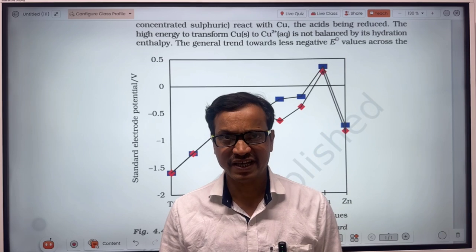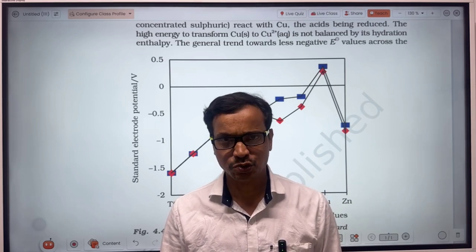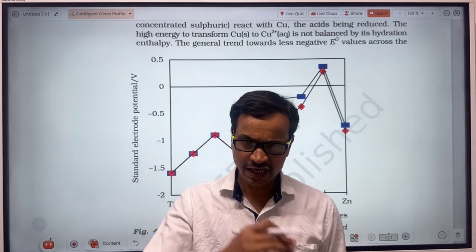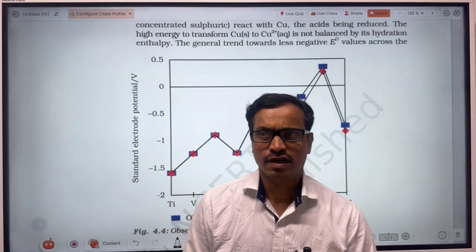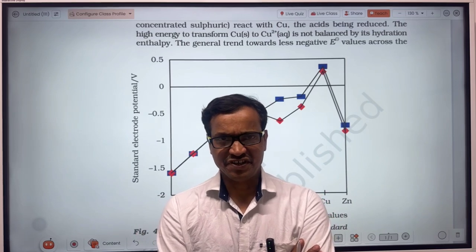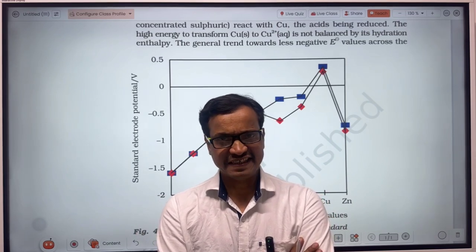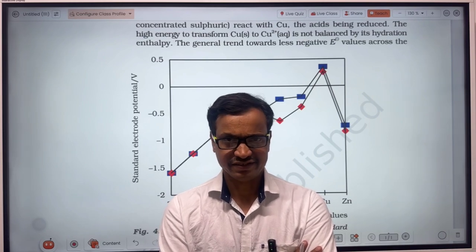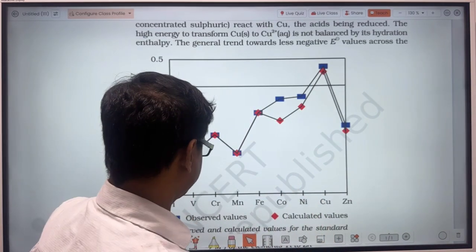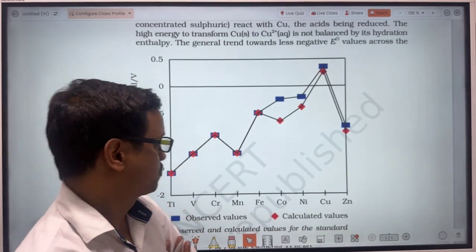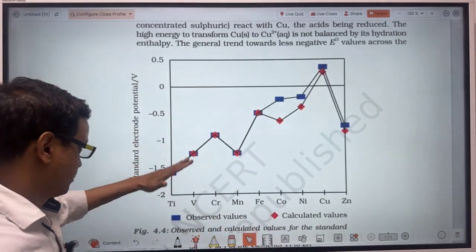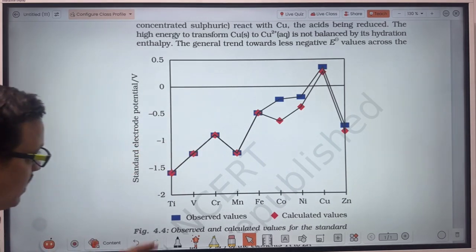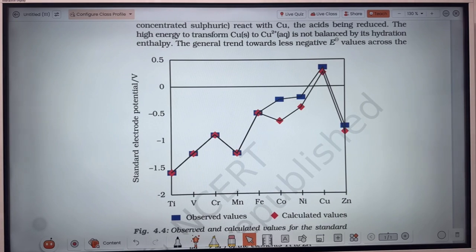So the metals will have less tendency to be in oxidized form compared to the atomic state. Since the ionization enthalpy for the +2 oxidation state increases on moving from left to right, these transition elements show less negative values of their standard electrode potential.